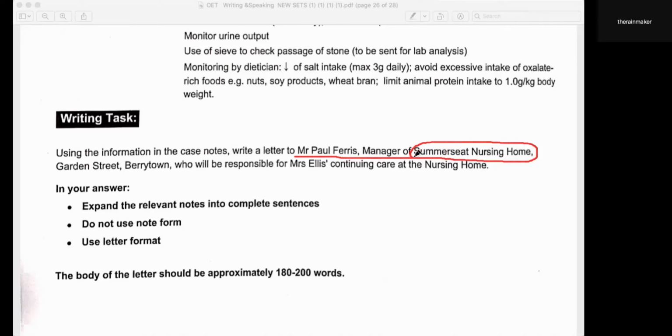Remember, there is a criteria in writing called genre and style. If you want to know about the criteria of writing, you can watch some videos. It's on my channel as well, and I can send it to you if you really want. But what I'm trying to tell you at this moment is that there's a criteria in OET writing called genre and style. That means the way you write should be in conjunction with the understanding of the reader.